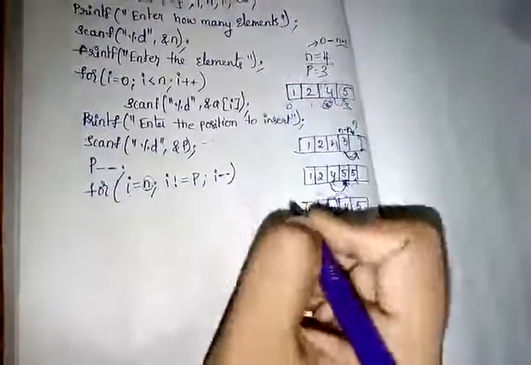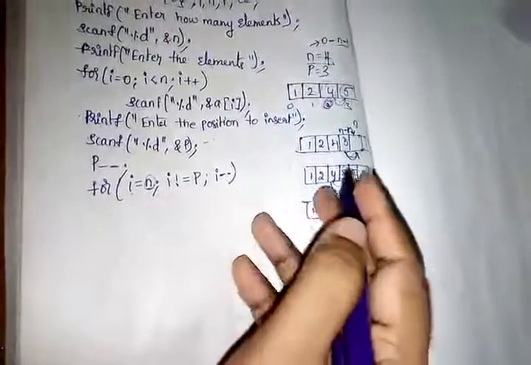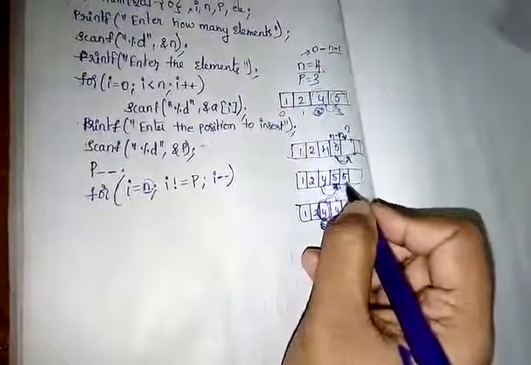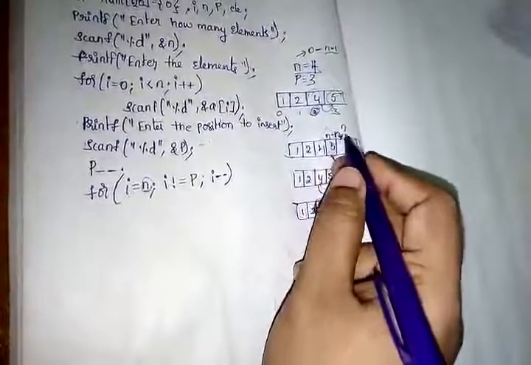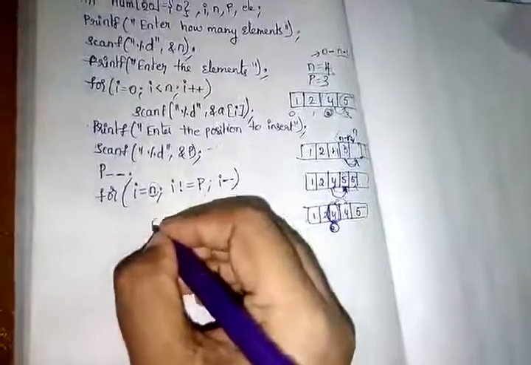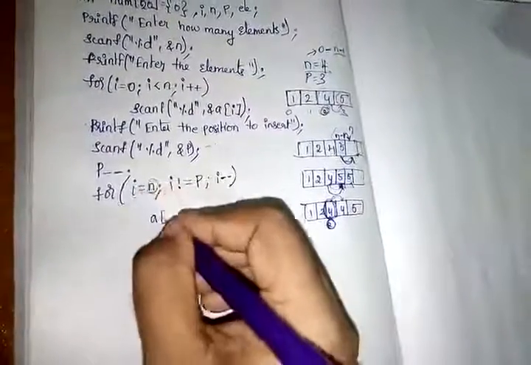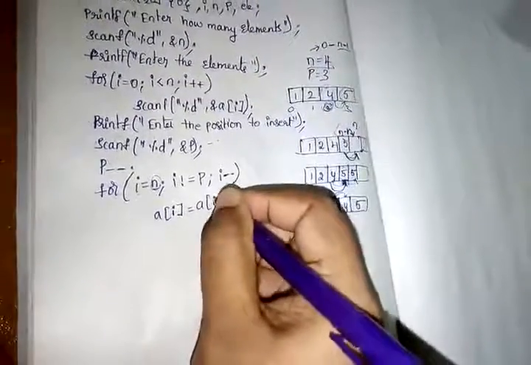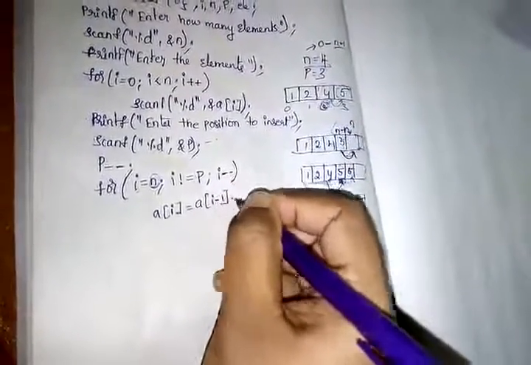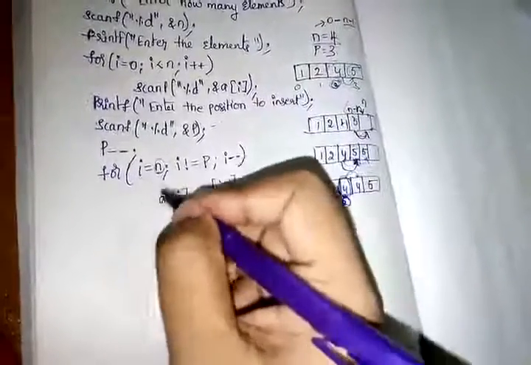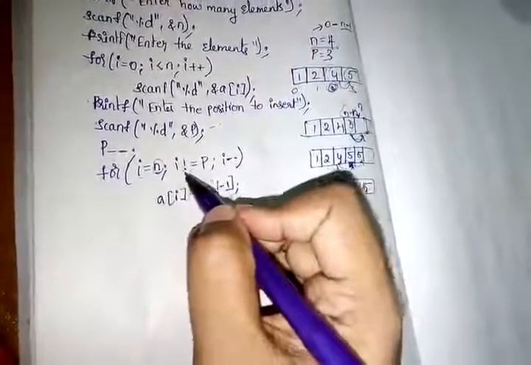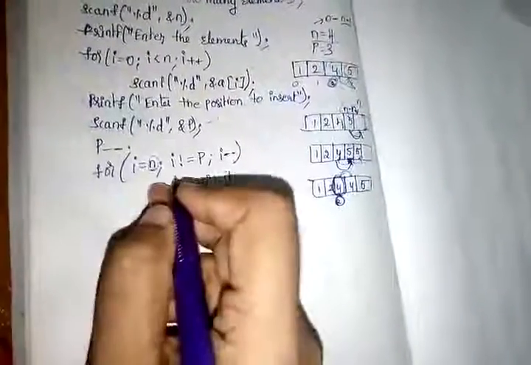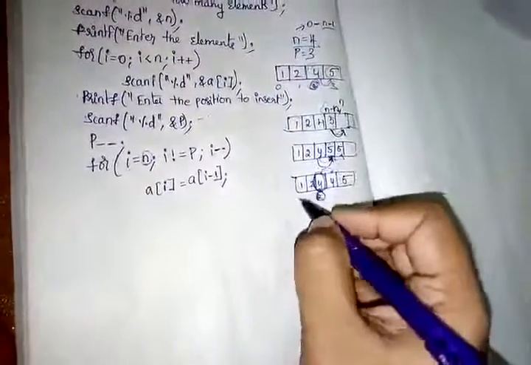Now what we have to do: first a[n-1] should be moved to a[n]. So a[i] = a[i-1]. With this repetition, all the elements will be moved until it reaches p. By the end of this loop, your array becomes like this.